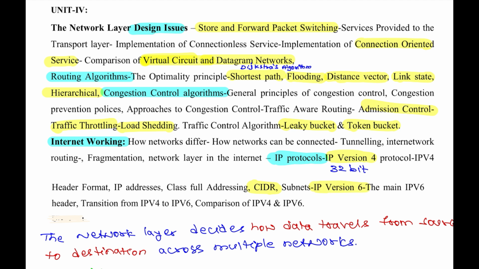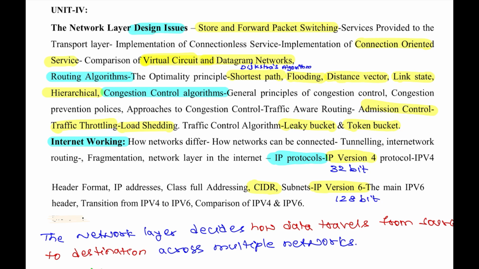IPv6 is a 128-bit address. It also supports auto configuration and better security.